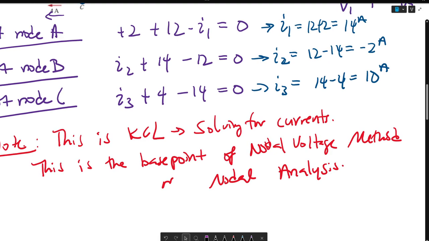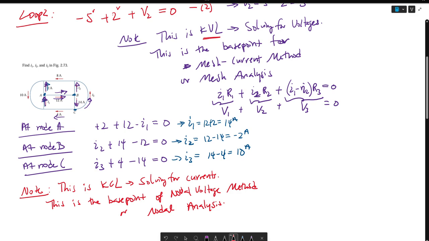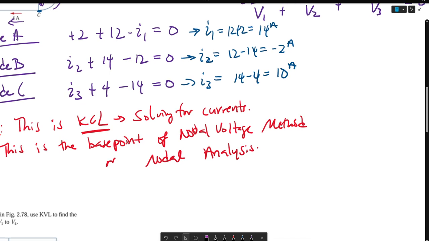And essentially, similar to the previous KVL, KCL is considered a base point or a fundamental analysis method for nodal analysis.